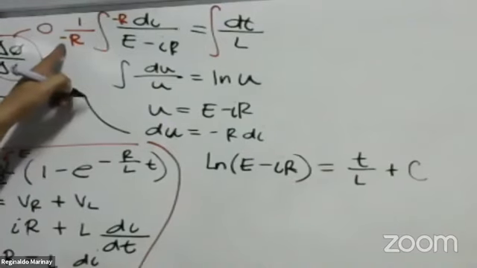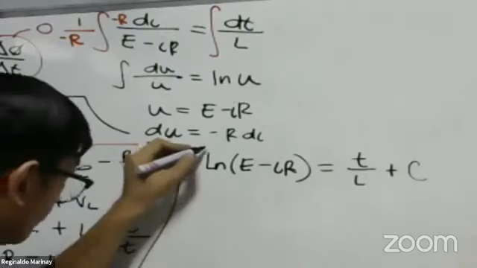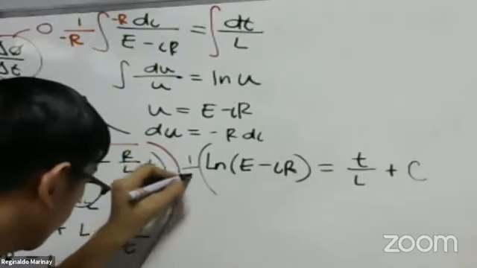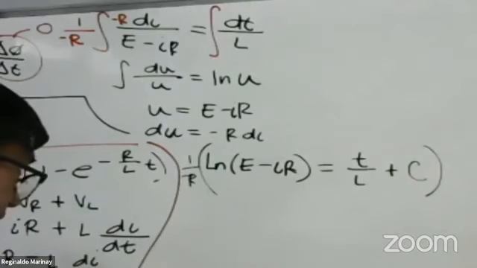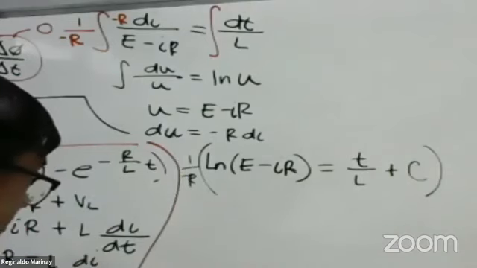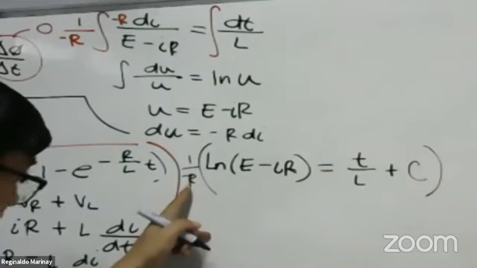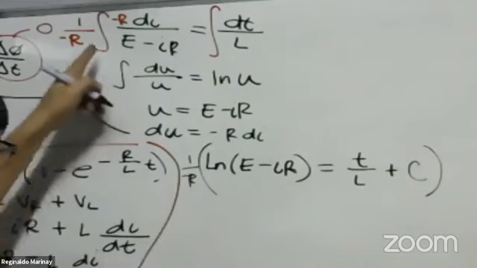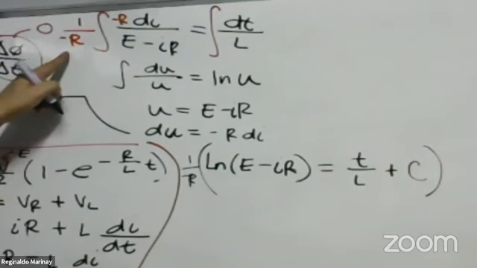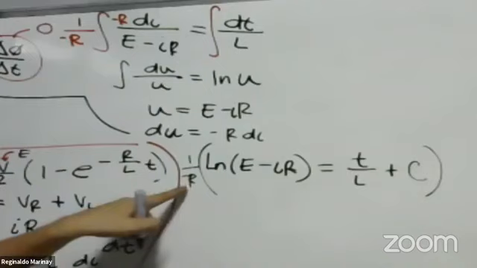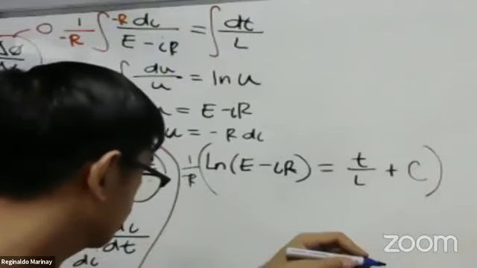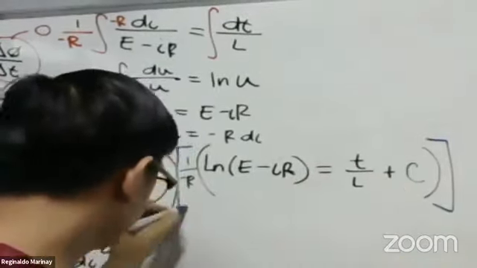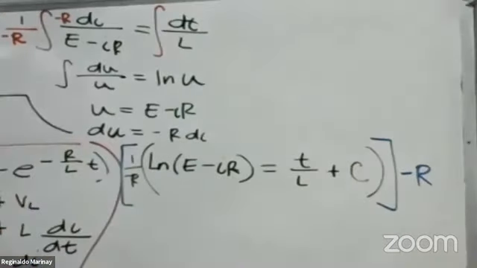Oh, by the way, we still have 1 over negative R. Let us multiply both sides by negative R, because of the 1 over negative R here.